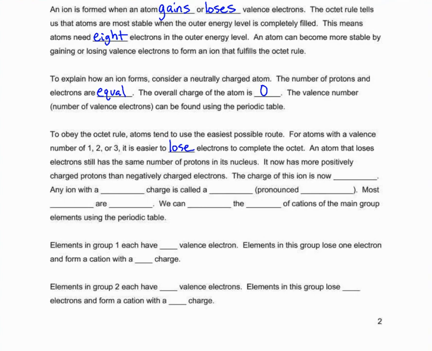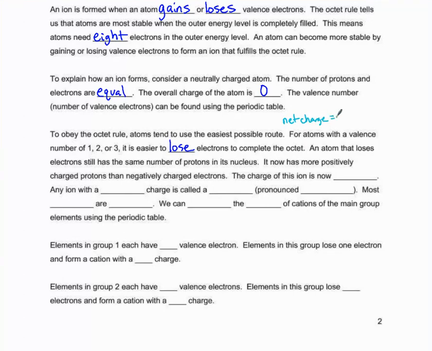An important thing to note, an atom that loses electrons still has the same number of protons in the nucleus. But it now has more positively charged protons than negatively charged electrons. So remember what we wrote earlier, and you're going to see this a bunch of times.